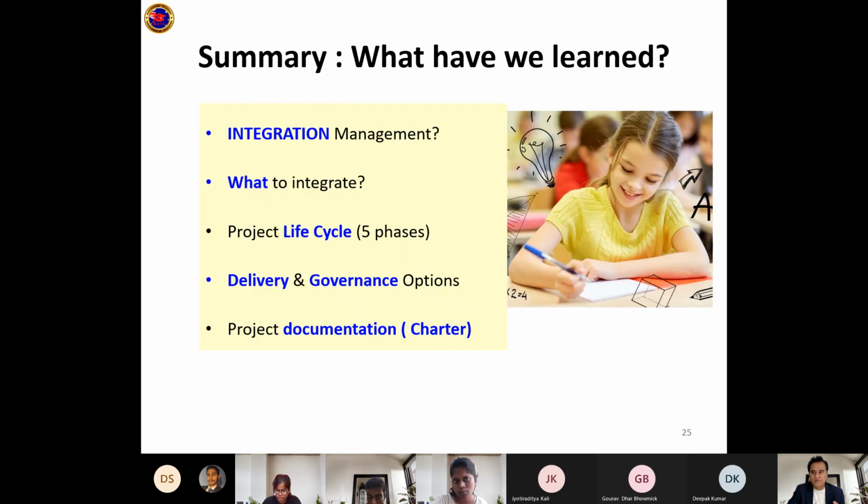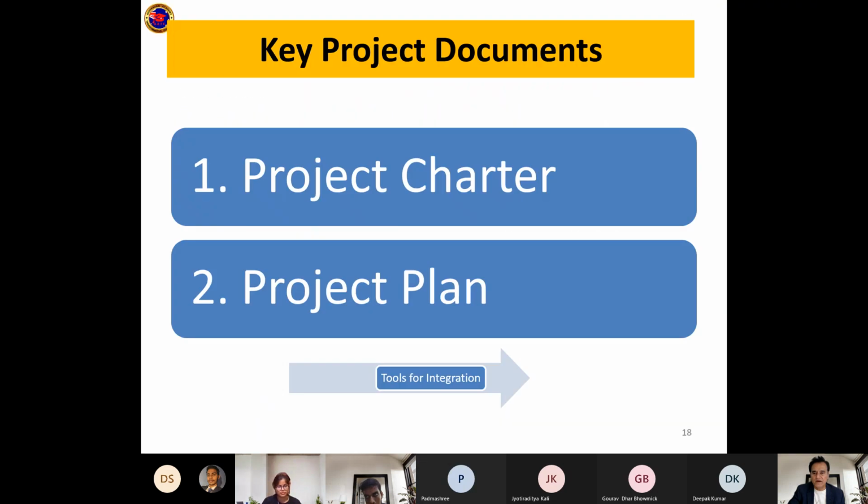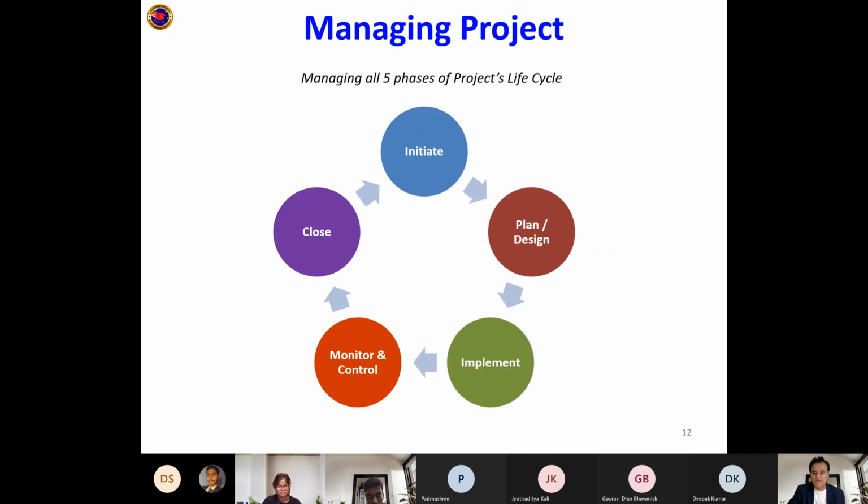And then I'm completing today's topic, the knowledge part. What we have learned today is what integration management is. What do you integrate? You integrate the processes, the people, and the... I'm also forgetting.